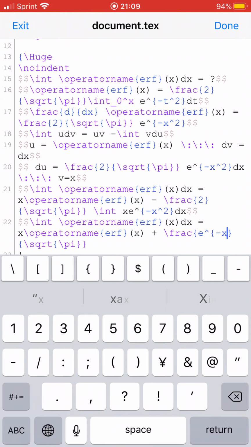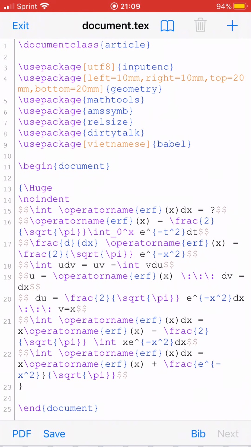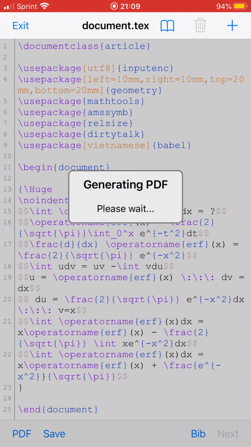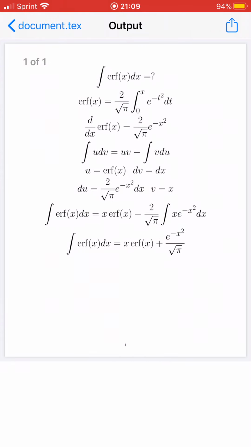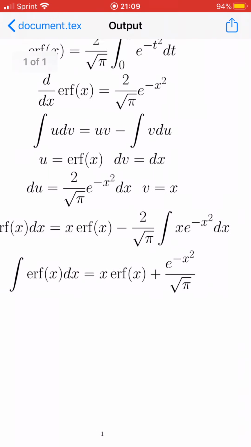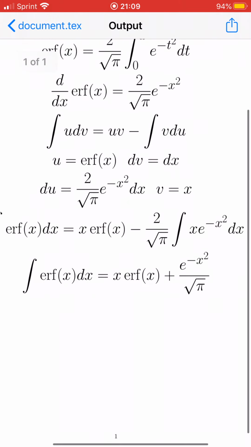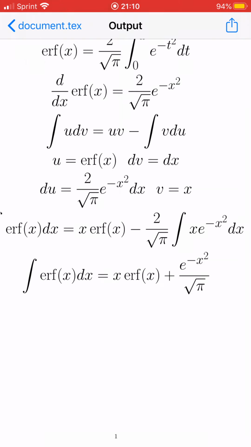I think I typed it right. So the antiderivative of the error function is equal to x times the error function plus e to the negative x squared over square root of pi.